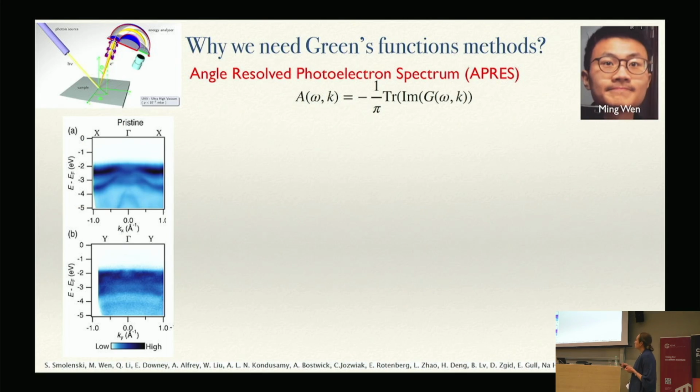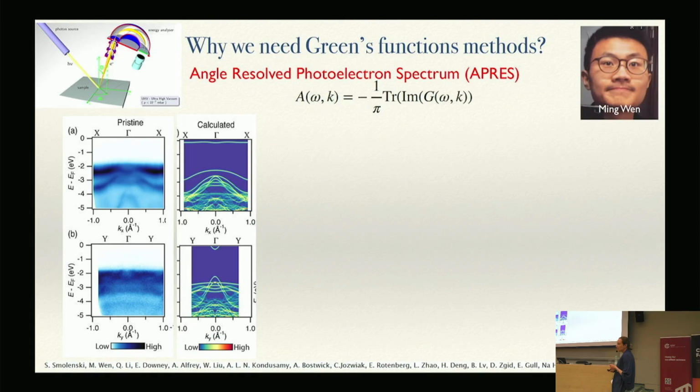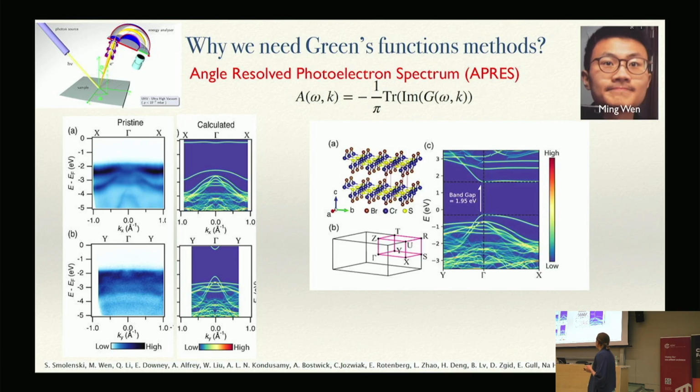Usually, these experimentalists tell you that they have very well resolved results, and they give you something like this, and they say, tell me what this band is. So we tell them that this band, for example, comes from D electrons or P electrons or some kind of hybridized electrons.